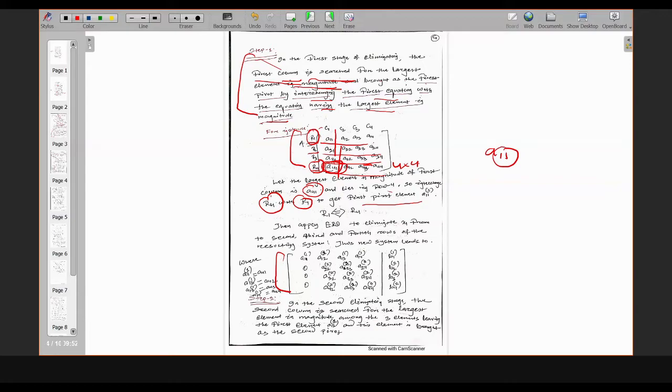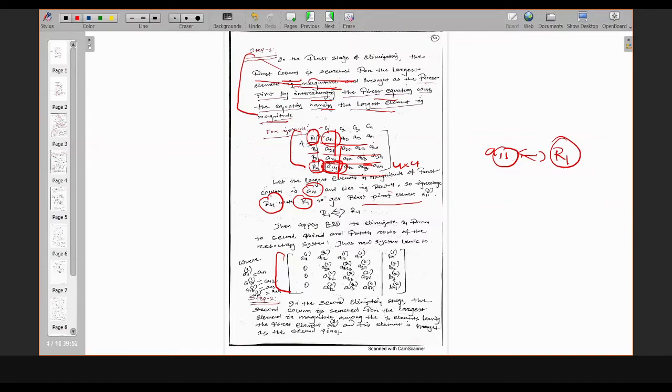You can ask me, why did you not change R4 with R2 or R3? Because in principle, the first pivot element should be placed at the 1 position, which is located in row number 1, that is the first row. So you need to interchange row 4 with row 1.